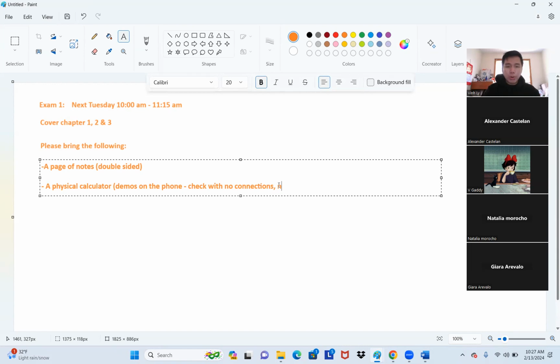And also there's no notes, right? I have had a student just copy all the notes. I mean, we're allowed to bring notes. I don't think there is any situation where you should take a picture of the notes and so on, unless you need more pages. But I strongly suggest this: just check no connections, no notes on the phone.